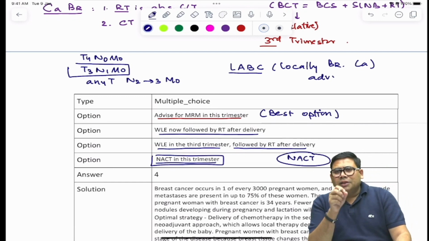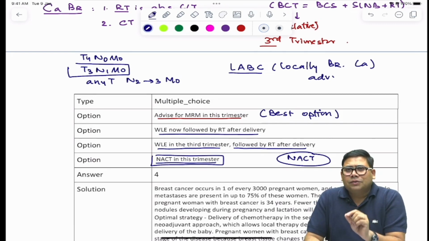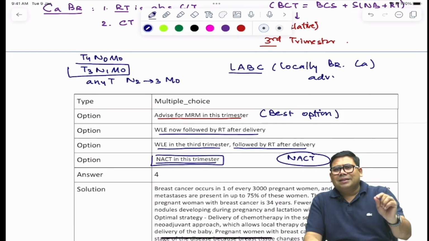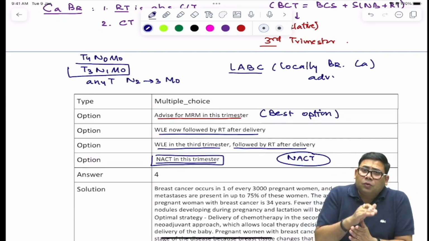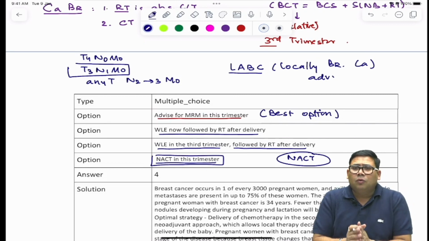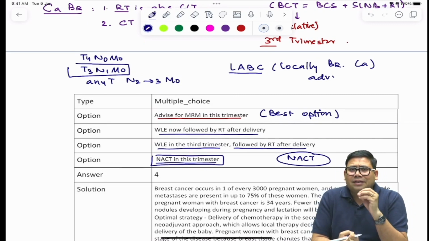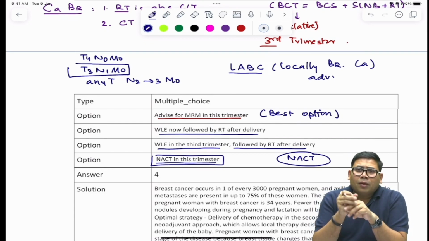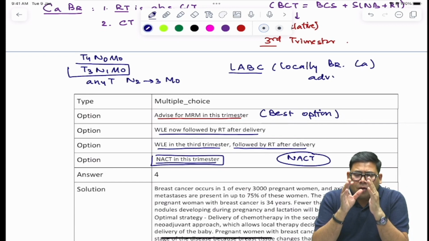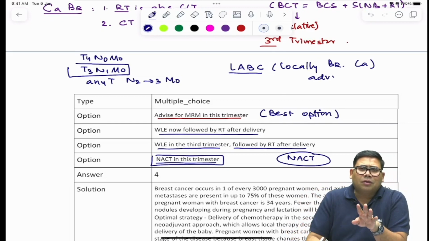Remember, she is not a candidate for breast conservation therapy or surgery. Why? Because pre-NACT staging is LABC, and for LABCs generally we don't recommend BCS. However, if she is still insisting on it post NACT, there is an option that you might advise, but this is not documented.